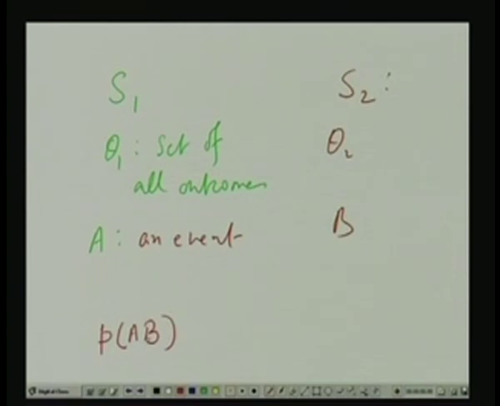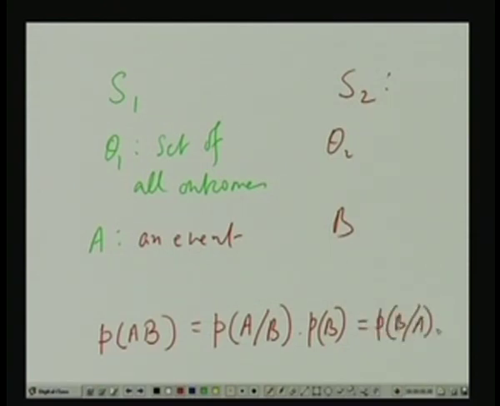This is the joint event, that is, both these experiments are going on. A B means joint event, A occurring and B occurring simultaneously. What was the probability of this joint event? That we had seen was given by P(A|B) P(B), which is also equal to P(B|A) P(A).